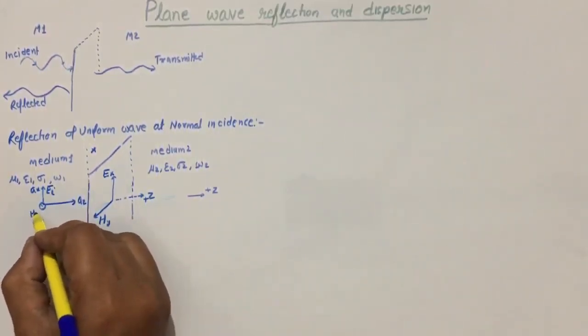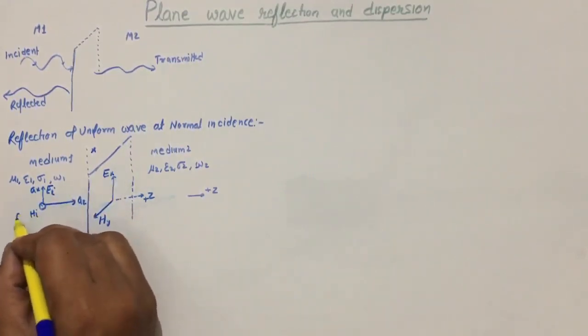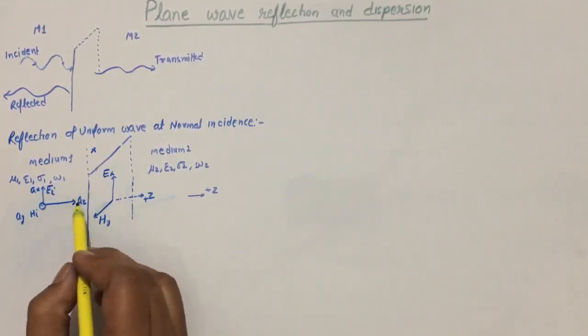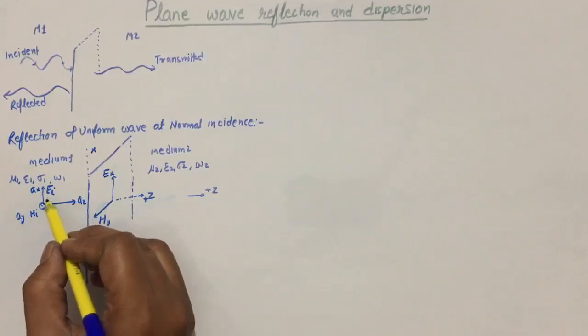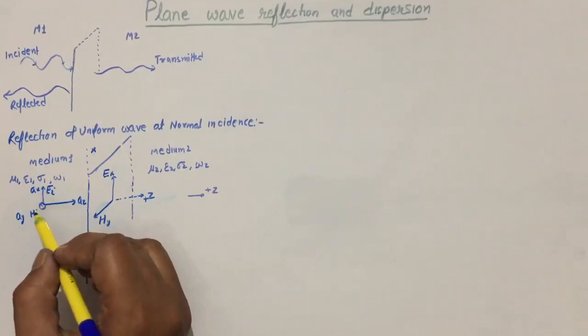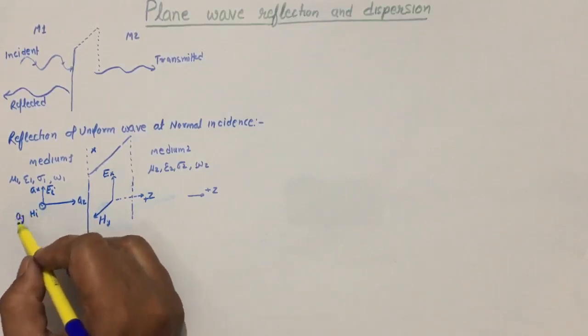So it is H_i. It will be in the direction of ay. These are the components of the incident wave, propagating in the positive z direction, and the electric field component is in the direction of ax, as assumed. Then the magnetic field component of the incident wave will be in the upward direction, that is in the direction of ay.